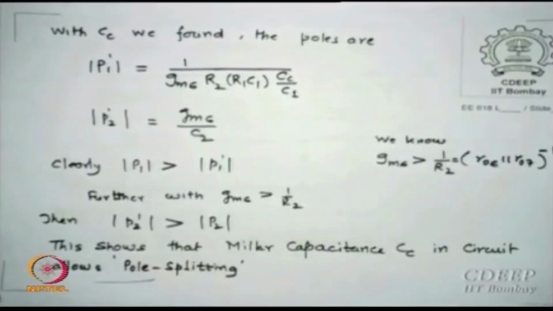So what has happened? P1 has reduced to P1 dash by Cc, but P2 dash has magnitude wise enhanced, is that point clear to you? I will show the figure and then it will be much easier. This word which you often use in Miller compensation or Miller capacitance is splitting the poles, it is called pole splitting.